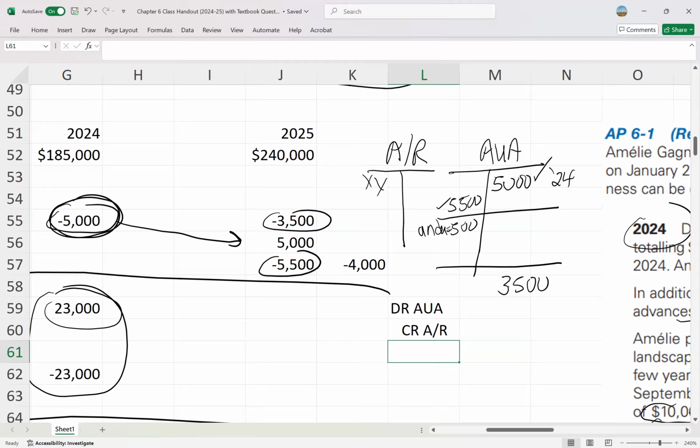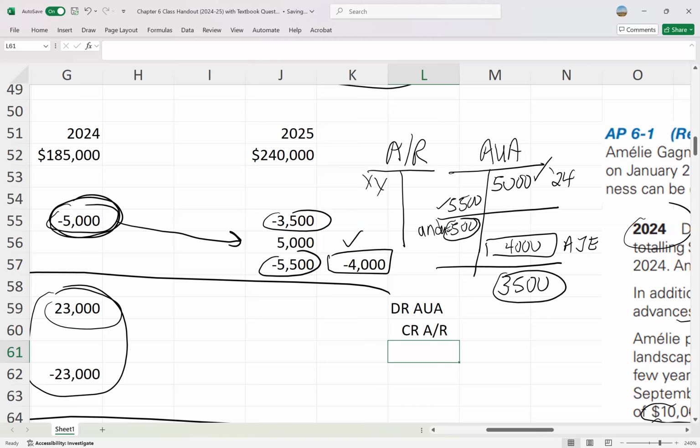Remember from accounting classes, the missing amount is your adjusting journal entry. So to get from a debit balance of 500 to a credit balance of 3,500, you need to make an adjusting journal entry of 4,000, debit bad debts expense, credit AUA, and that's why we get the same result for tax as we do for accounting.